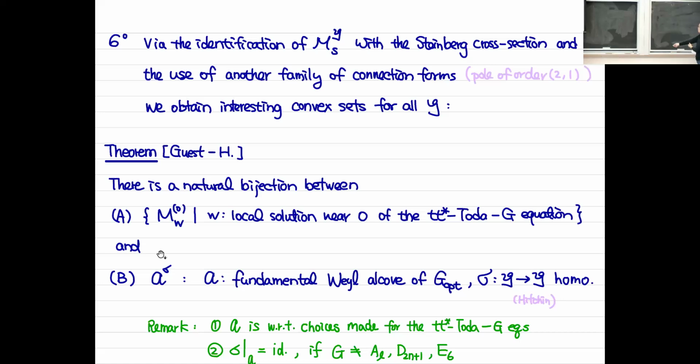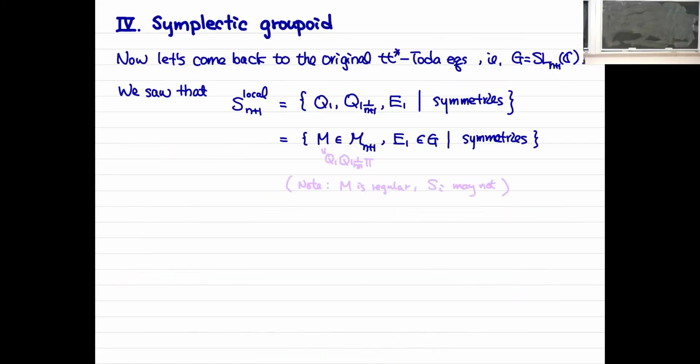This sigma map is a Lie algebra homomorphism, the same one which Hitchin defined in his Lie group and Teichmüller space paper. So it has this effect on the fundamental Weyl chamber, Weyl alcove, and that gives you the convex set. In the A_N case, that gives you back the shape that we saw earlier. So that's the Lie theoretic reason why this is the convex set.